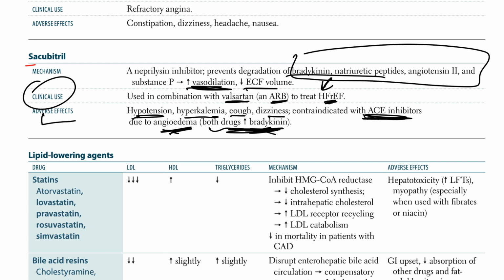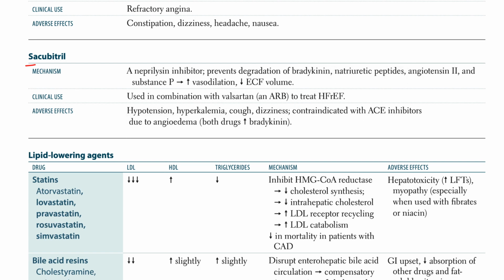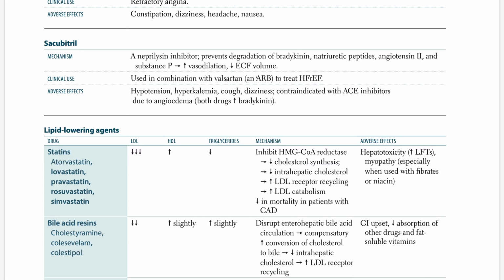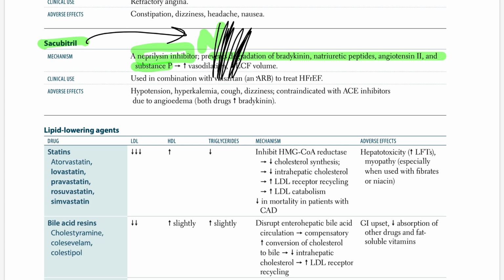So now let's look at it one more time. Okay, now let's just go over sacubitril. As a summary, sacubitril is a neprilysin inhibitor. Neprilysin degrades bradykinin, ANP, BNP, angiotensin 2, and substance P. Sacubitril inhibits this degradation by inhibiting neprilysin.